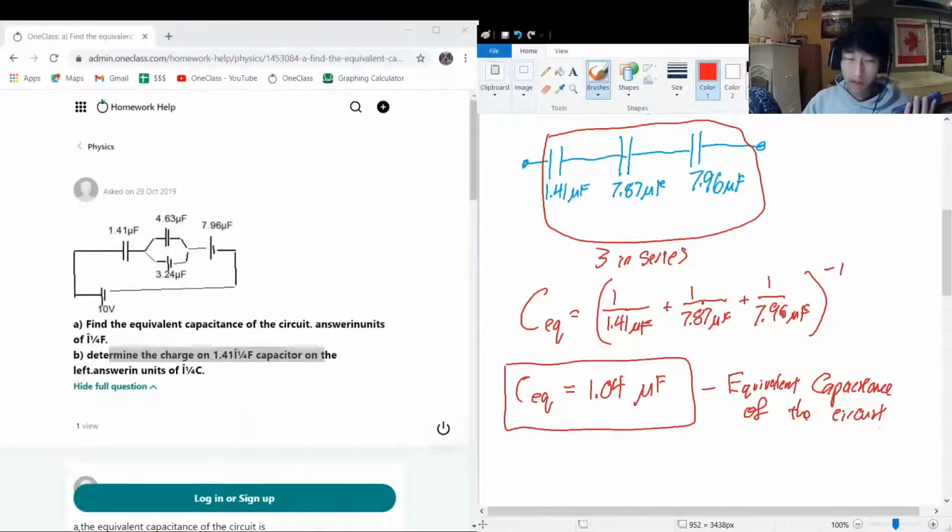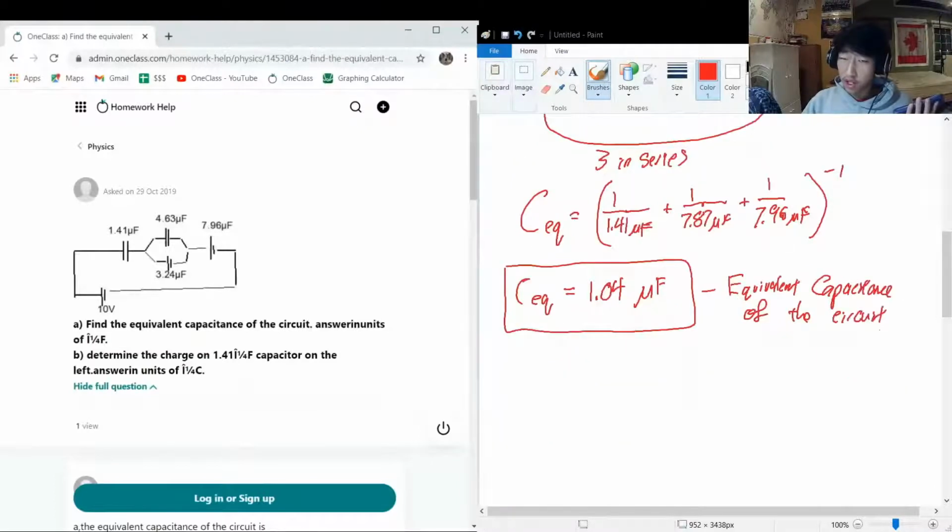Cool. Now we want to determine the charge on the 1.41 capacitor. That's fairly simple because we know that the charge on series capacitors is always the same for all of them.